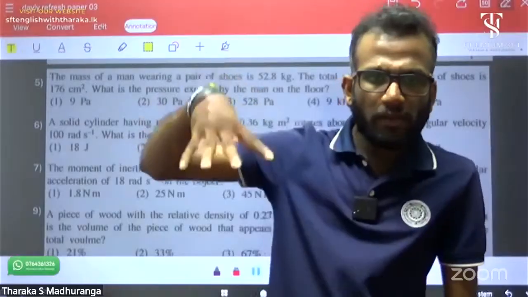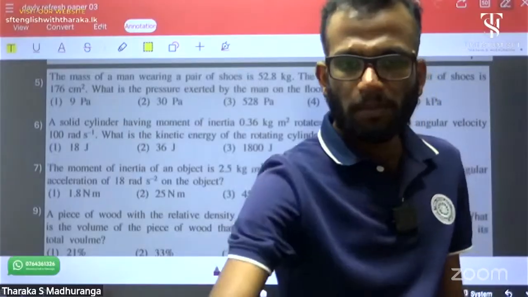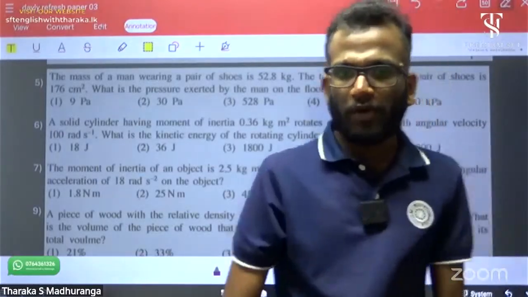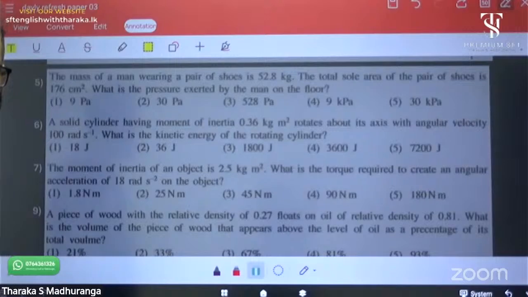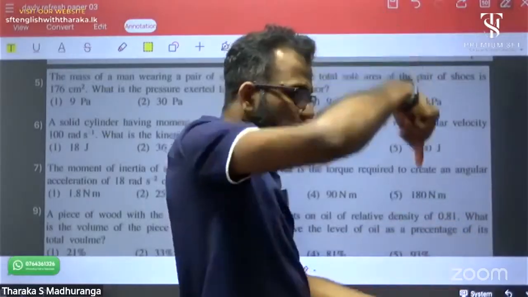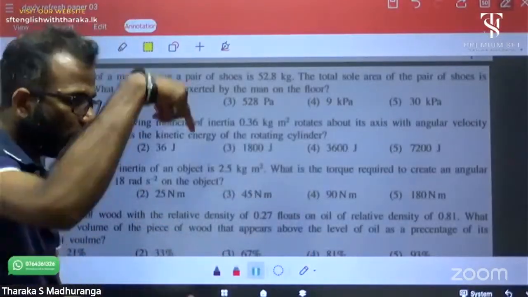The amount of perpendicular force acting on a unit surface area. That's the meaning of pressure.